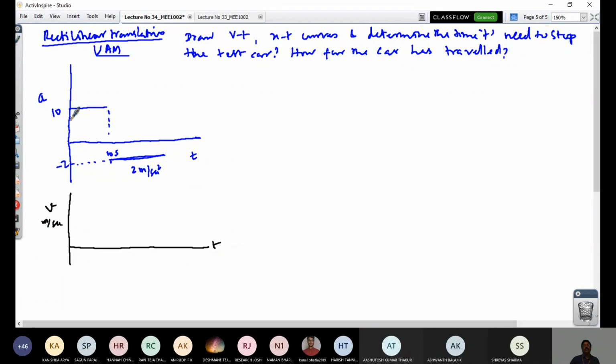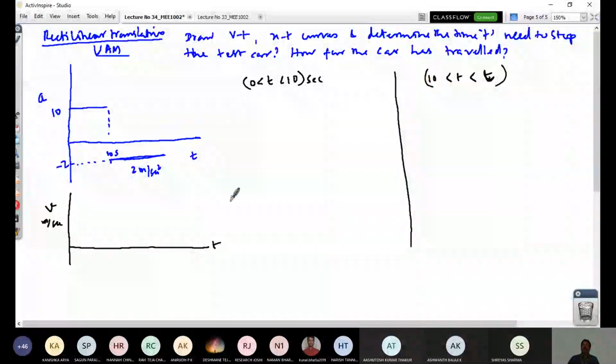Now see, this is increasing with this rate. Let us take the time interval from the beginning to 10 seconds. That's one. And then the time interval after 10 seconds, which is not given, so let's take some generic t, or t greater than 10 seconds.